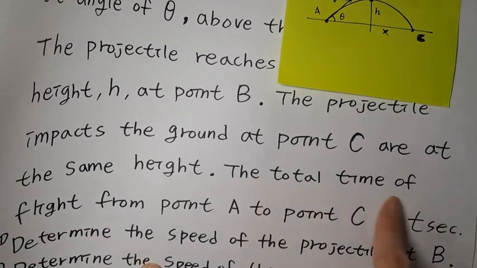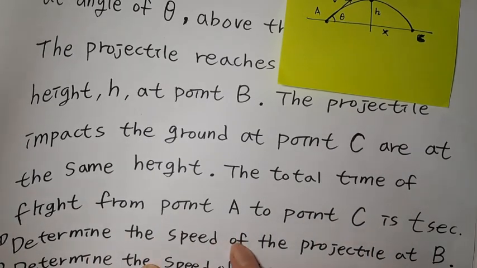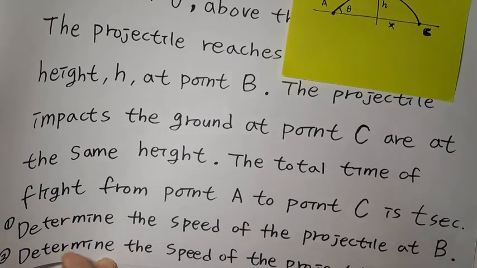The total time of flight from point A to point C is t seconds. Determine the speed of the projectile at B. Determine the speed of the projectile at C.